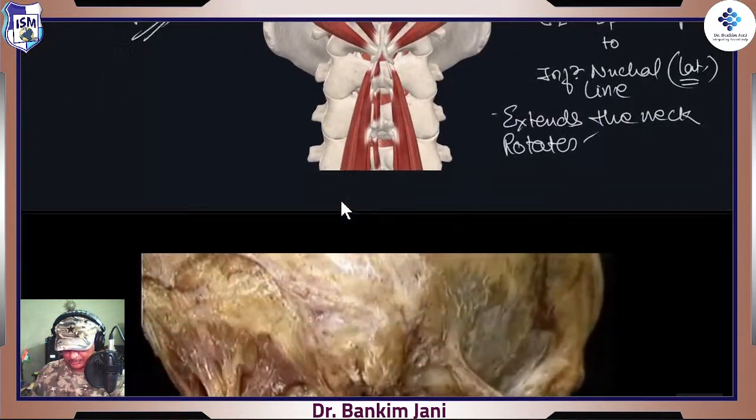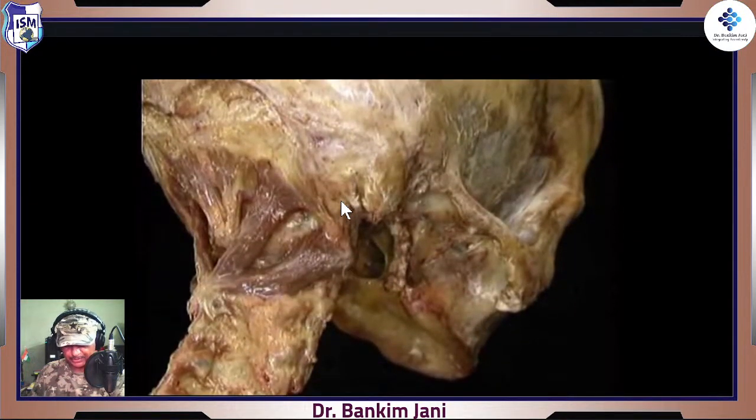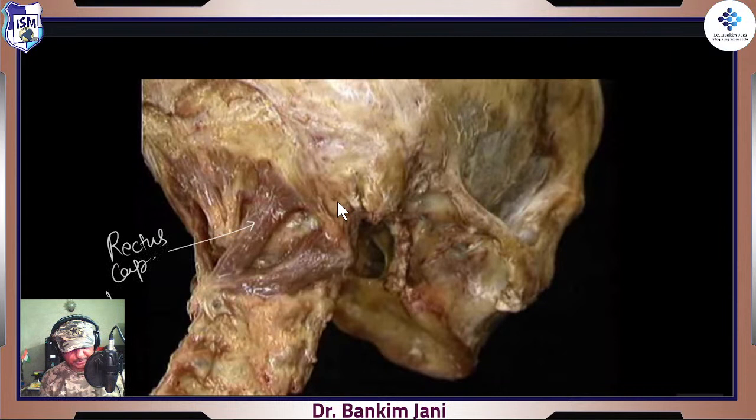So if we have understood this, let's rotate the head slightly. So now we are rotating it like this, right? So this is our rectus capitis major, just for the reference. Then we come across two muscles over here. One which is like this, and second it is like this. Two muscles.